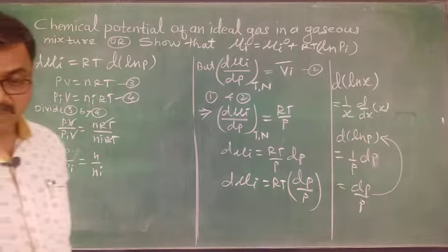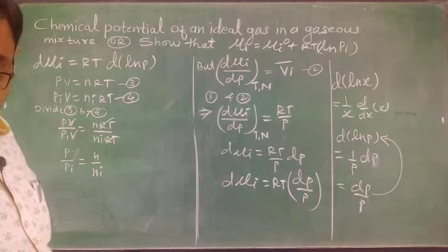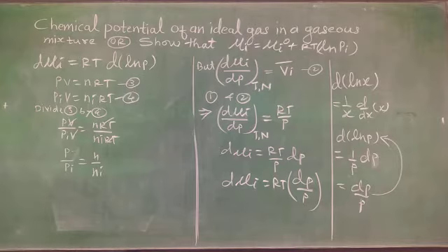Now from this equation you may write Pi upon P is equal to ni upon n.